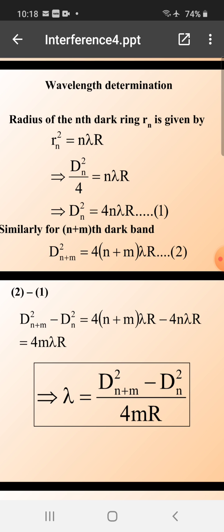Similarly, for the (n plus m)th dark ring, d(n+m) square is equal to 4 times (n plus m) lambda r, or d(n+m) square minus dn square is equal to 4 times that minus this. Check, lambda is equal to (d(n+m) square minus dn square) upon 4mr.